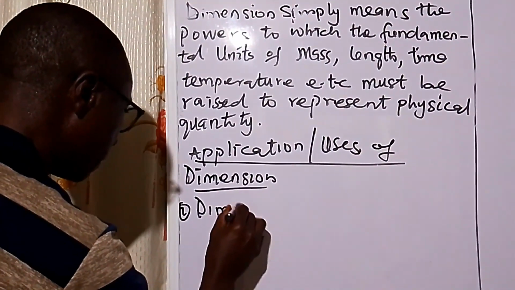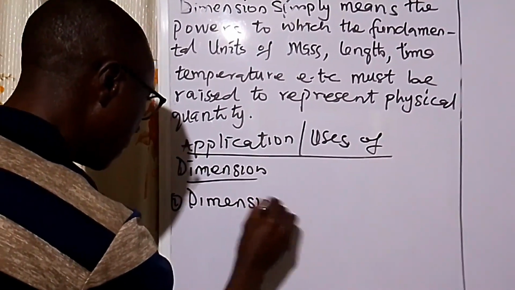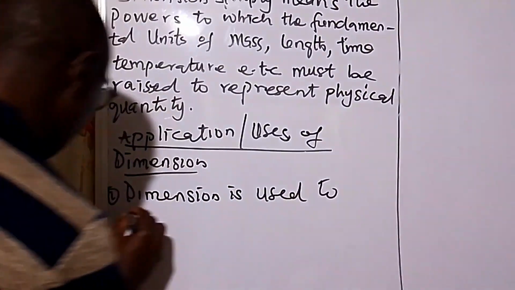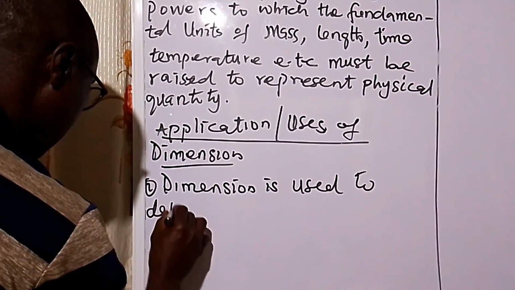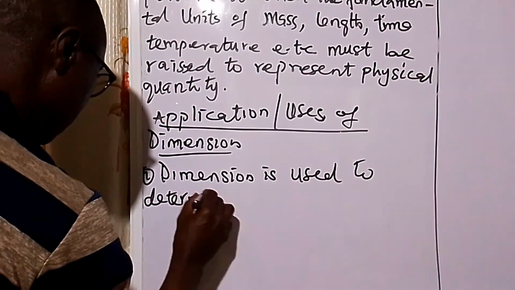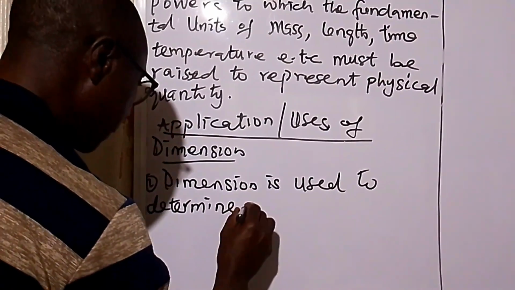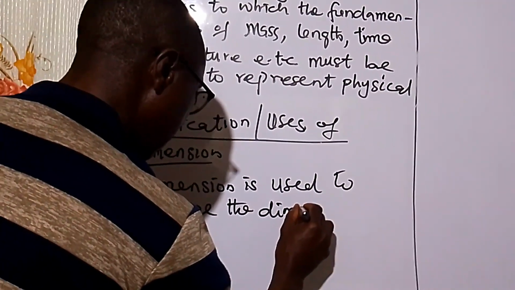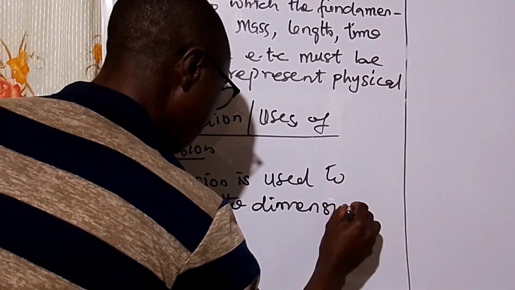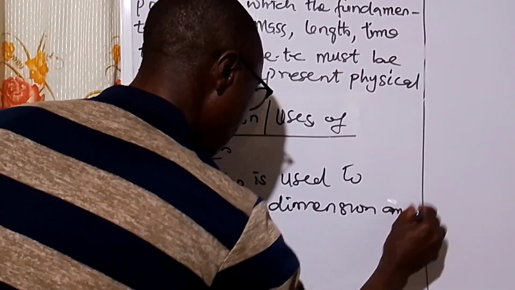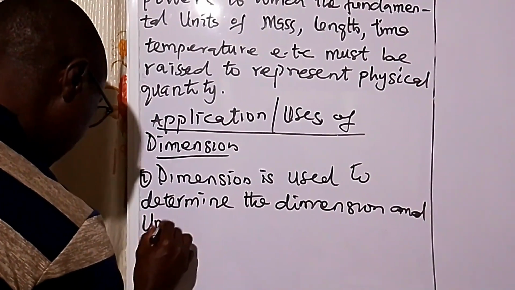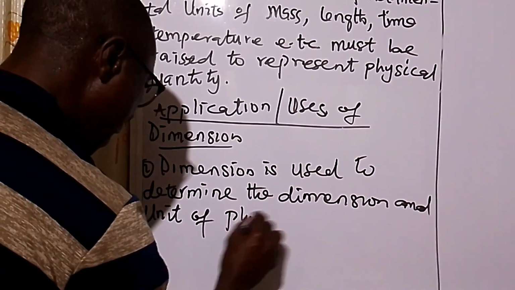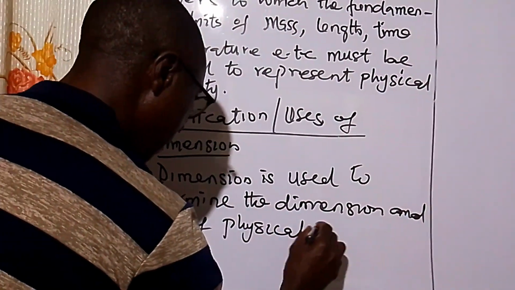Dimension is used to determine the dimension and unit of physical quantity.